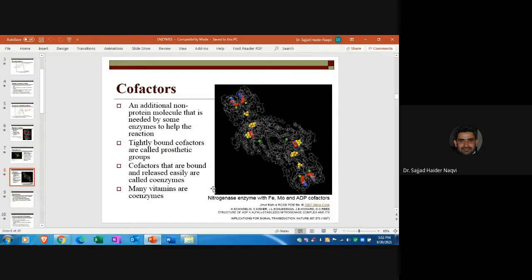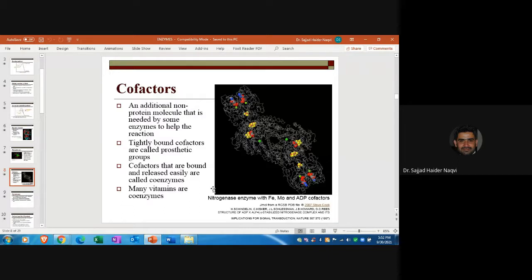The next important thing to discuss is cofactors. If you remember, we discussed cofactors when we discussed minerals and vitamins. I told you that there are many minerals in particular which are required in our body to function as cofactors. For example, you have an enzyme and a particular substrate; the substrate binds with the active site and thereby the reaction is catalyzed.